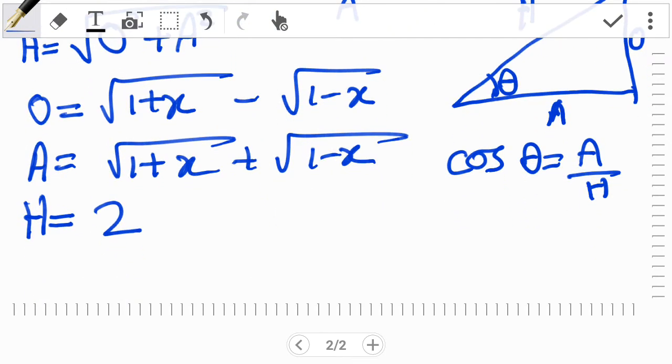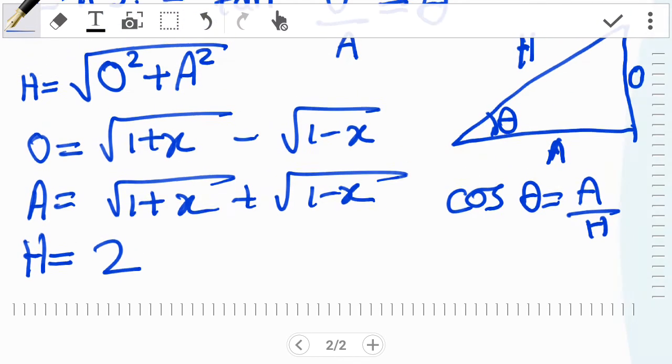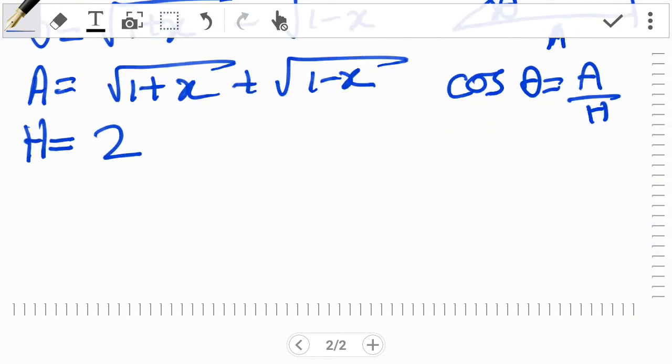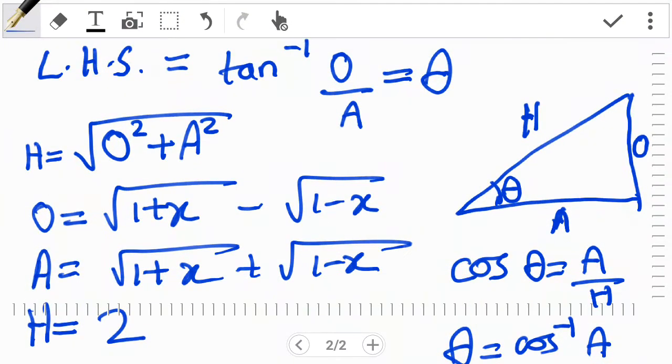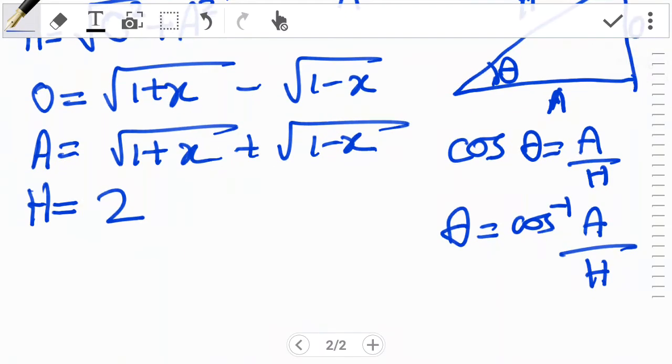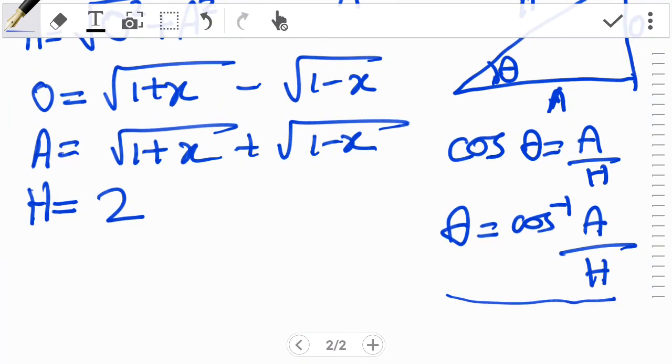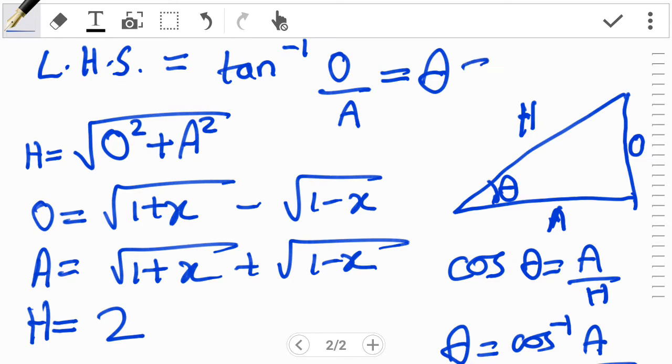Since we know this, we can also say that theta is cos inverse of A by H, correct? So the LHS, which is tan inverse O by A, which is theta, is also equal to cos inverse A by H. So the LHS has become cos inverse A by H, correct?